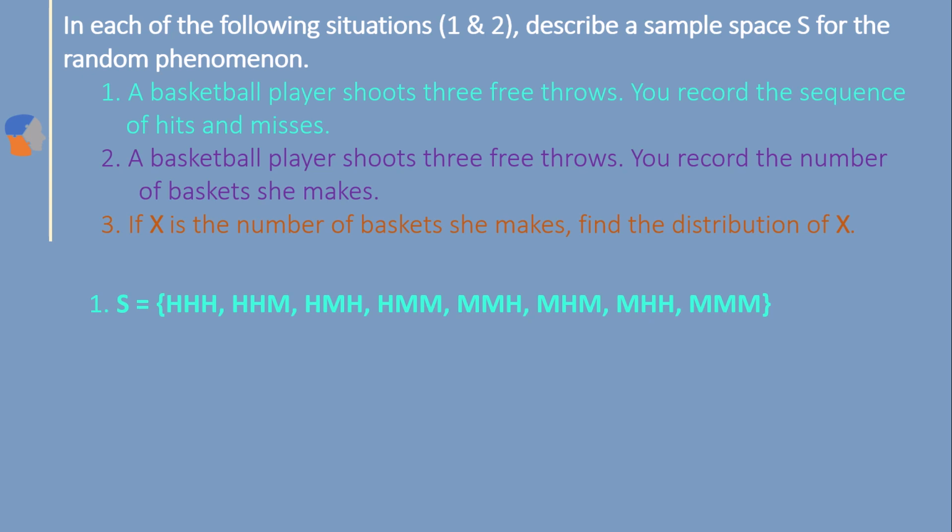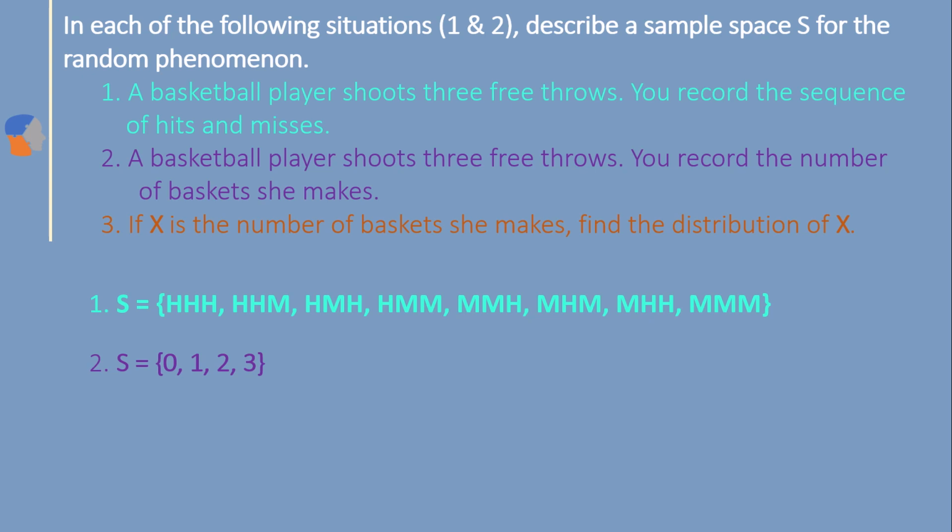Next one, how many hits? Just 1. Then similarly go to the last one. How many hits? 0. Therefore, this time we record the number of baskets she makes. So what should be the sample space? The first one is 3, the second one 2. Similarly, we understand that here it should be 0, 1, 2, 3.